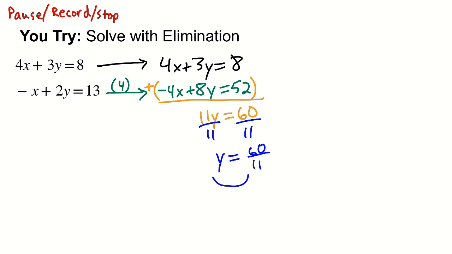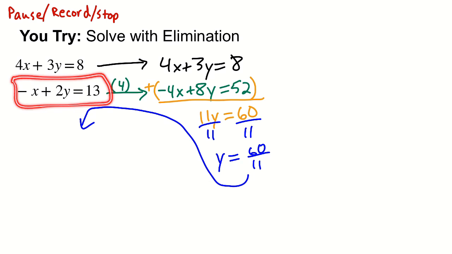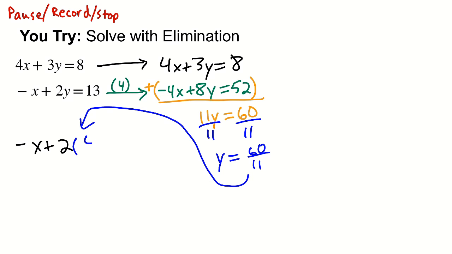All right. So now, though, we need to plug that back into one of our equations. And to me, it looks like I'm going to go with this equation. So I have negative x plus 2 times 60 over 11 equals 13. And I said it got messy because of this fraction, having an 11 in the denominator, multiplying by 2 here, kind of icky.